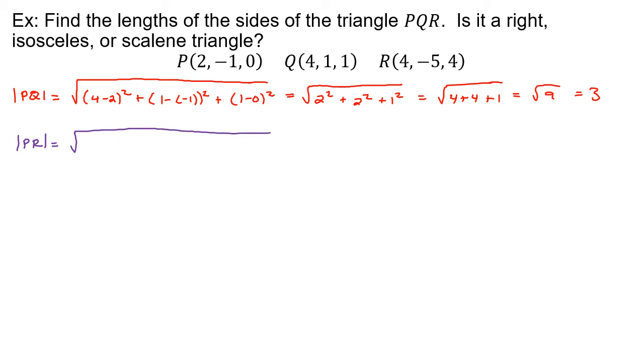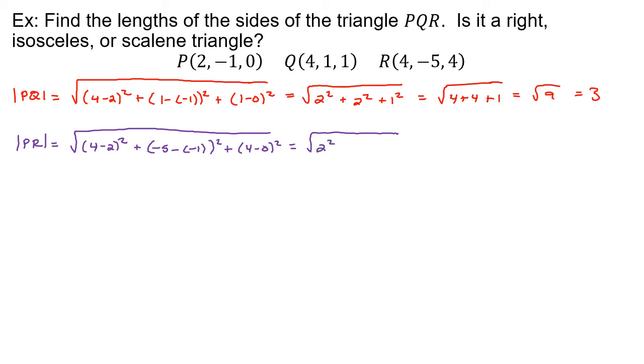So PR would be 4 minus 2 again. It would be negative 5 minus 1. Oh, negative 5 minus negative 1, actually. And 4 minus 0. And so that would be 2 squared.